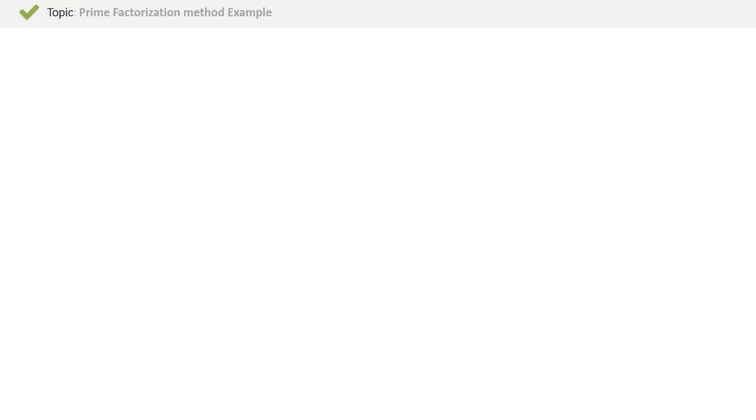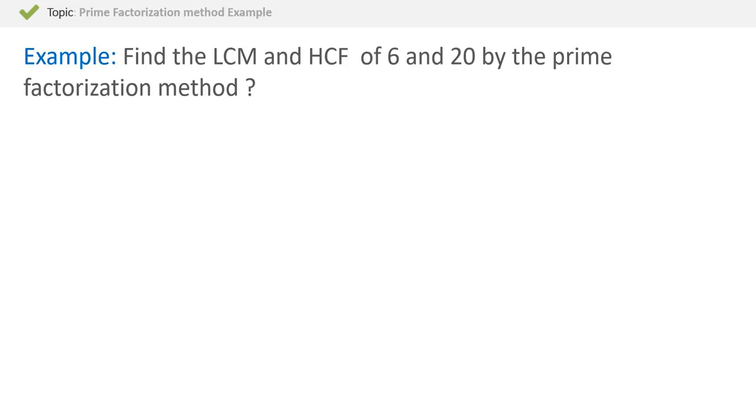Now let's take an example of the prime factorization method. To do that, we'll try to find the LCM and HCF of two numbers, 6 and 20, using the prime factorization method. We know we can represent 6 as 2 multiplied by 3, and 2 and 3 are prime numbers, so 6 is represented as a product of prime factors.